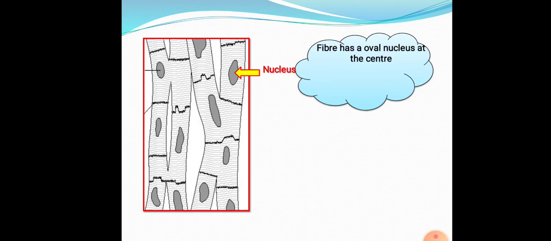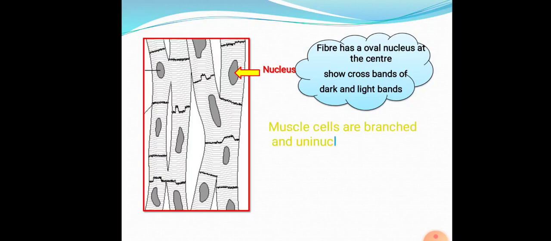Each muscle fiber has an oval nucleus at the center and shows cross bands of dark and light bands. Muscle cells are branched.